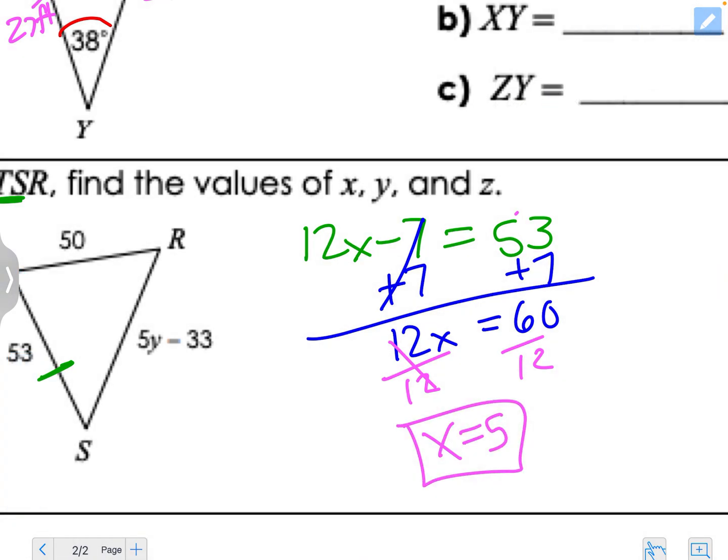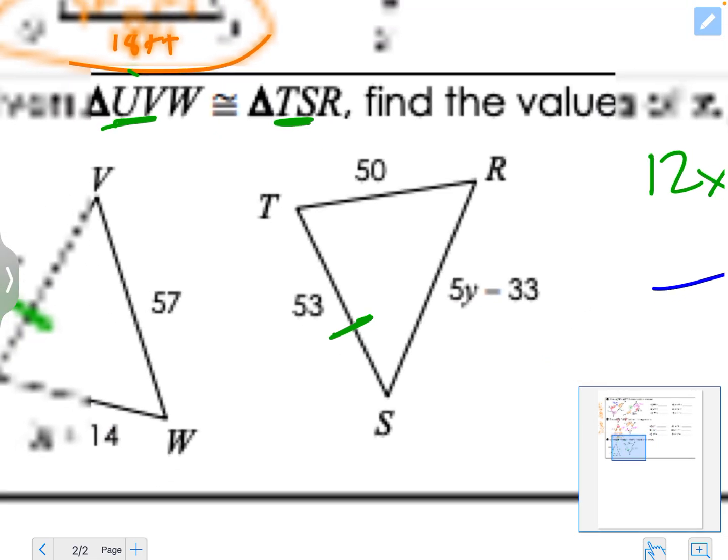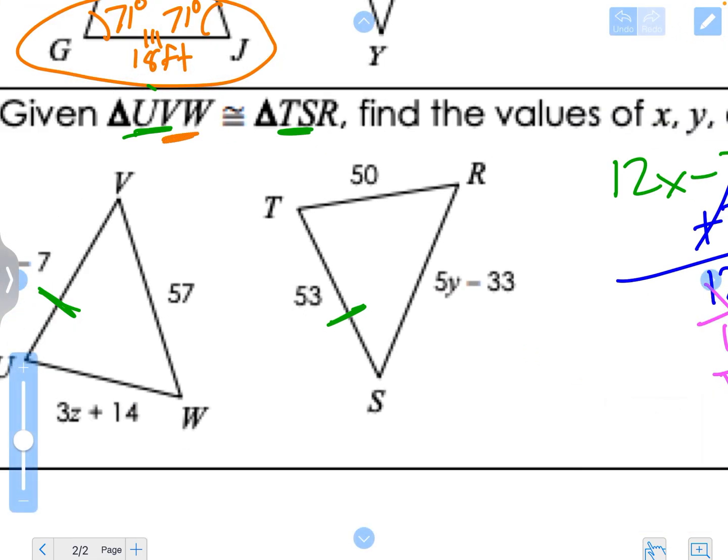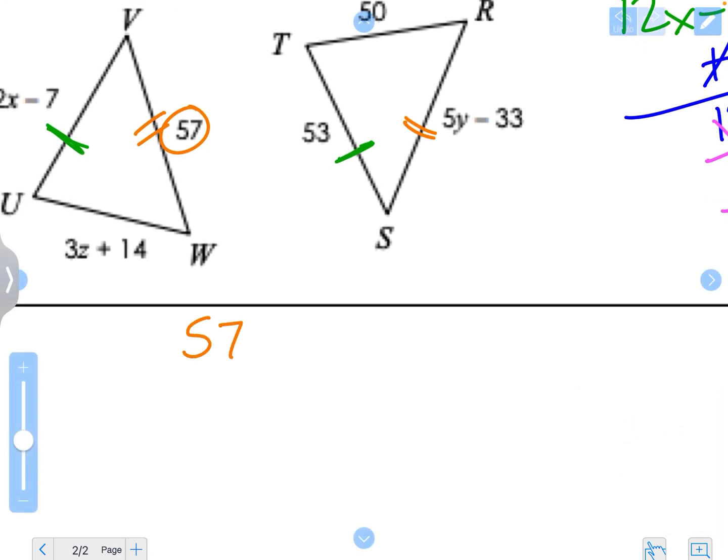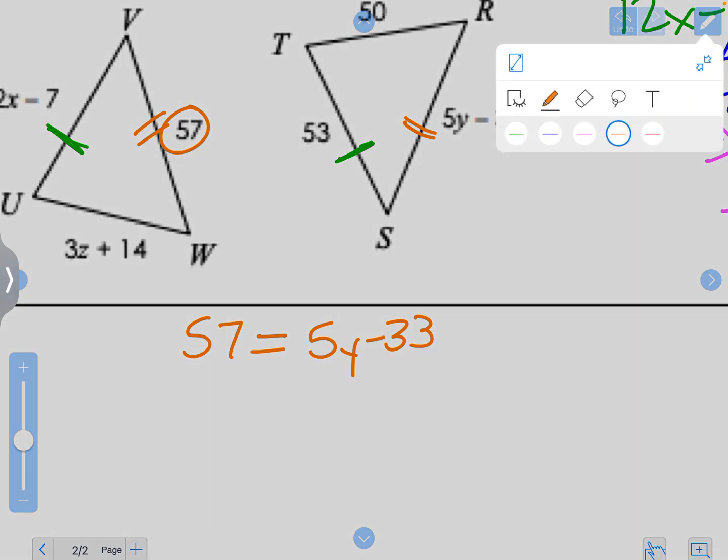So now I can look at the next set of sides. VW and SR. So I know that VW is 57. I know that SR is 5y minus 33. So again, if I know that 57 is congruent to 5y minus 33, I know that congruent means the same thing as equals.